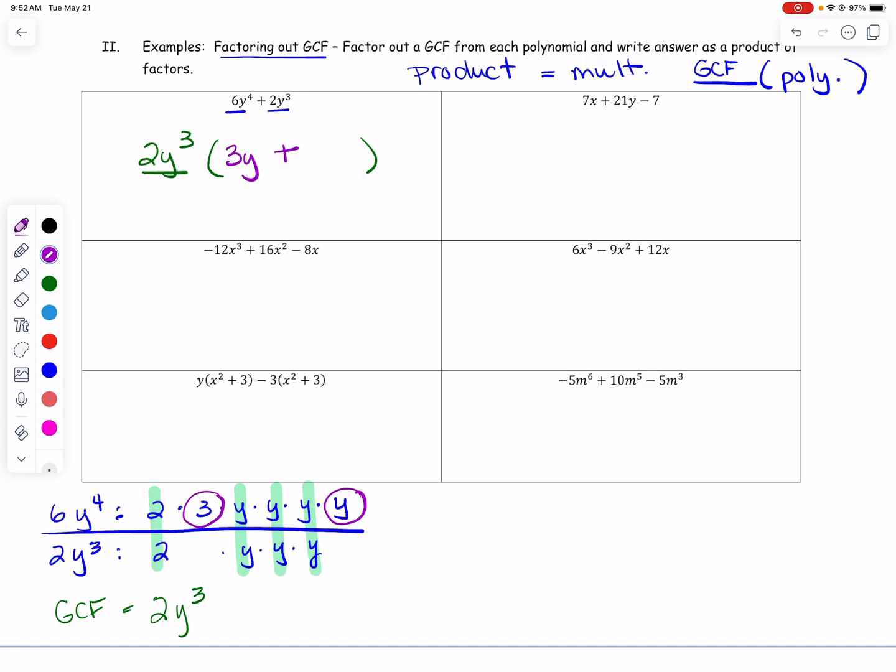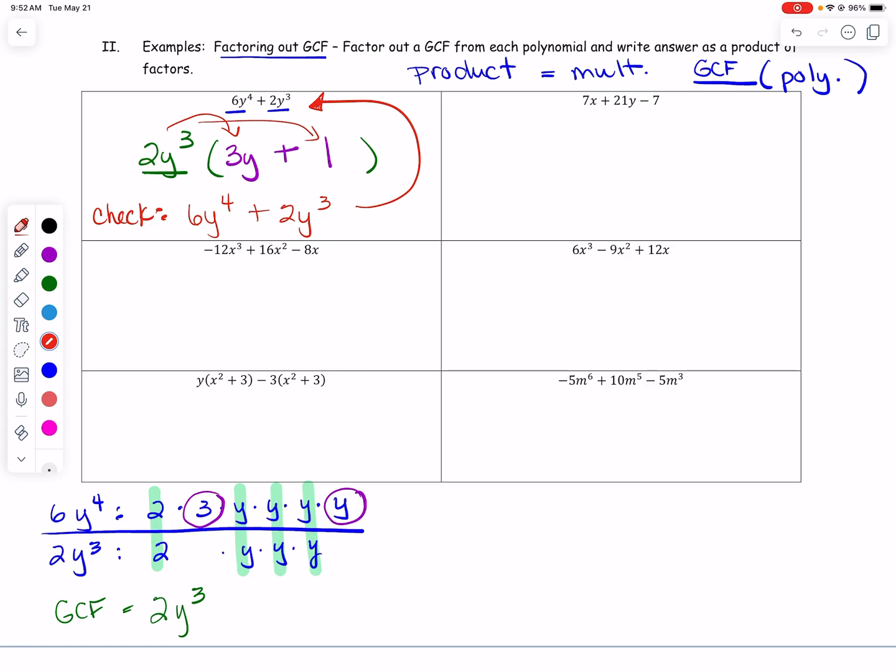And when I divide 2y cubed by 2y cubed, I'm left with 1. Now the nice thing is that we can always check this, okay? And when you check it, you will distribute and you will get 6y to the fourth plus 2y cubed, which is what you originally started with, okay?